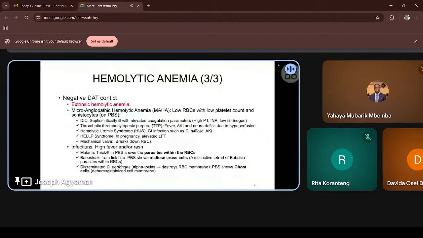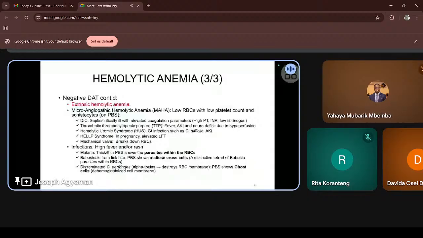So prothrombin time is very high. The patient is bleeding or is at high risk of bleeding. That is what we call disseminated intravascular coagulation.